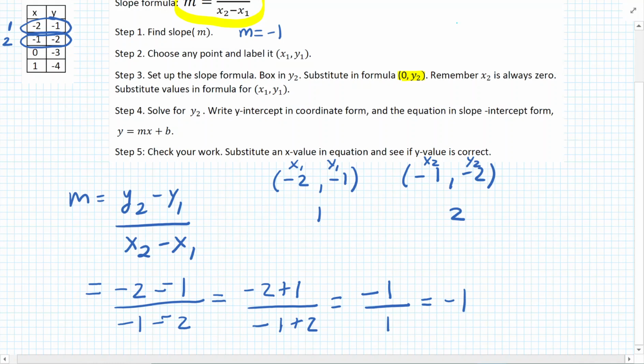Step 2 is to choose any point and label it x1, y1. Well, we can use one of the points we have, or we can choose another one. It doesn't matter.